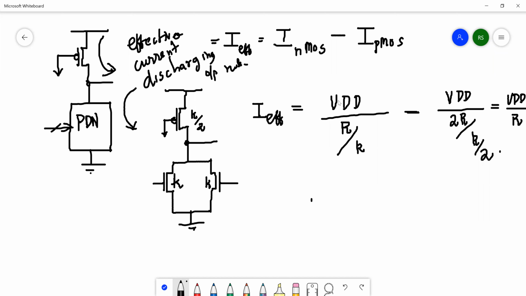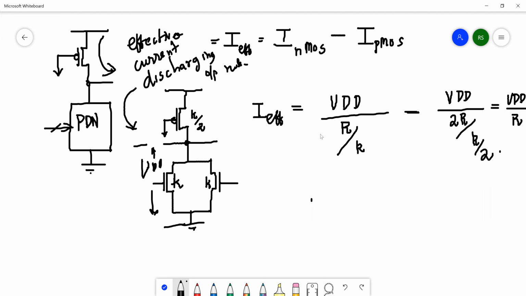We assume that the voltage across the transistor is VDD. So this I NMOS is just an approximate value, not the exact value, some sort of average value using Ohm's law. So VDD by R by K.